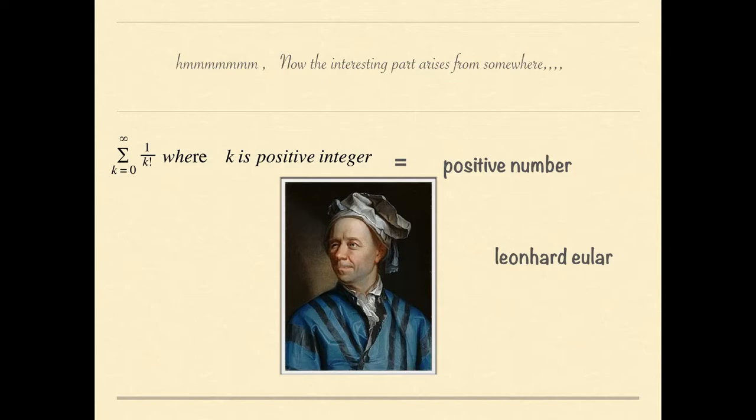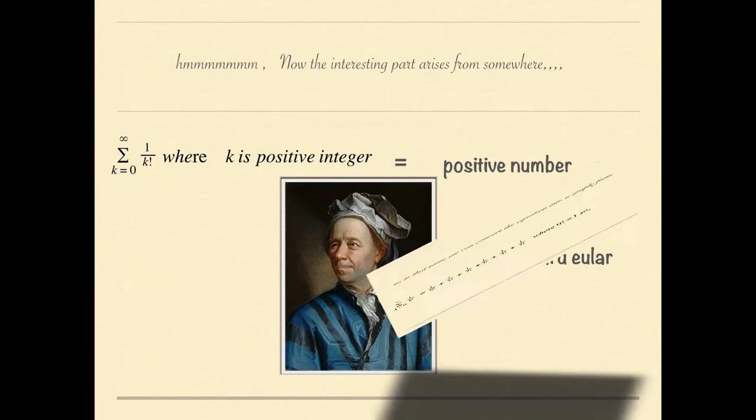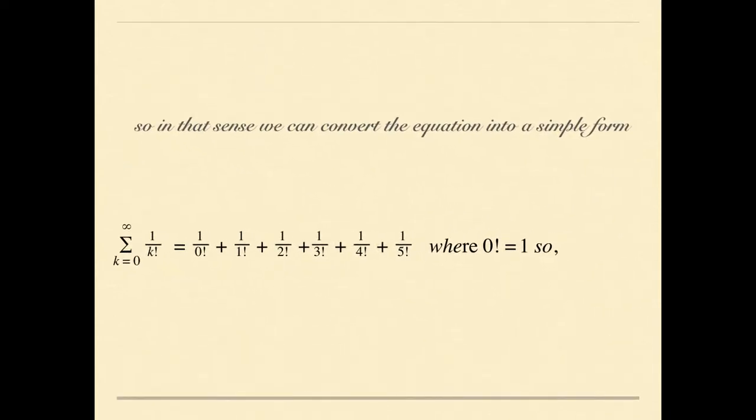Now, let's see what comes next. Let's just simply expand the terms. So put the values 0, 1, 2, 3, 4, 5, and 6, and so on and so forth. After you plug in the values, you will get this kind of expression. And as 0 factorial is equal to 1, so 1 by 0 factorial is equal to 1.